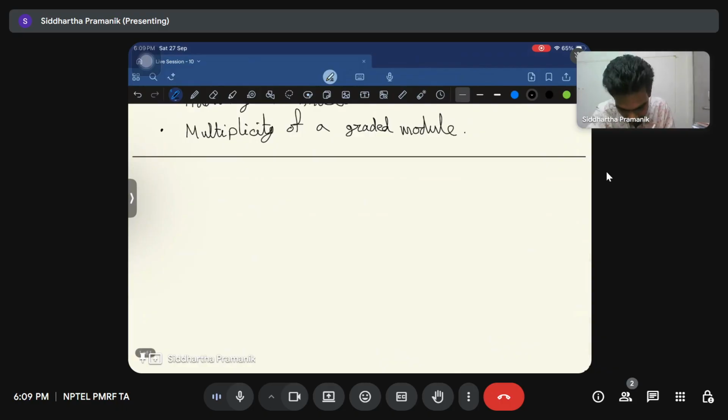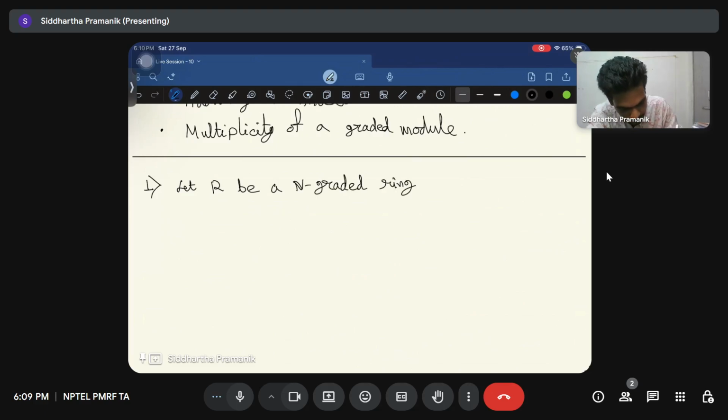Okay, so the first problem is: let R be an N graded ring and e belonging to R be an idempotent element.